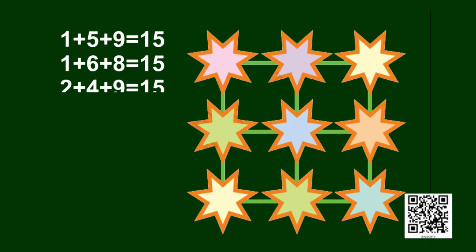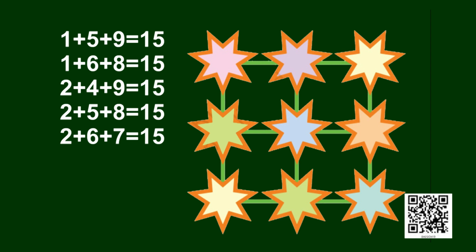Now we will see with 2. We can see with 2 we have 2 plus 4 plus 9 equal to 15, 2 plus 5 plus 8 equal to 15, 2 plus 6 plus 7 equal to 15. Any other such combination will lead to repeating of other numbers.